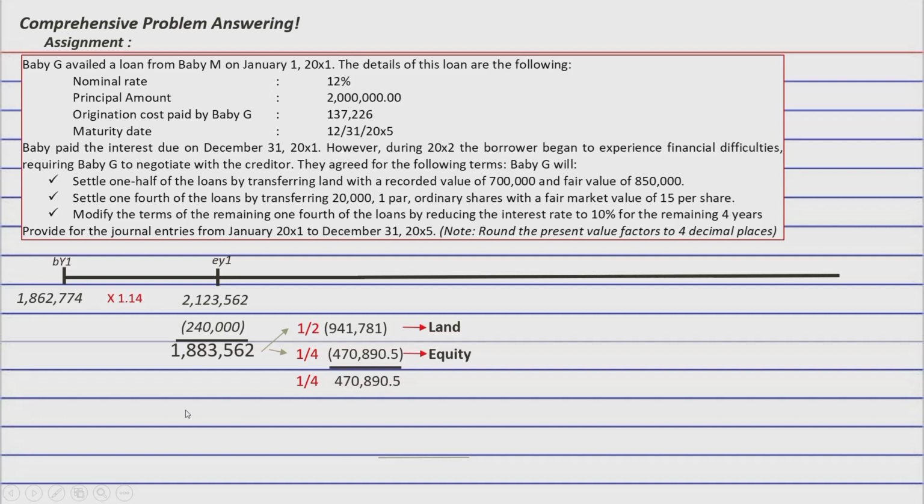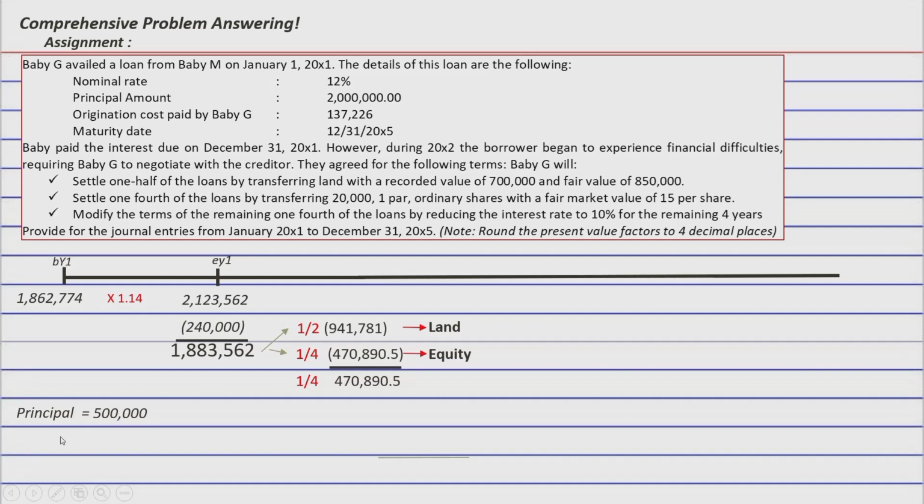To know if there is a substantial modification, we need to get the present value of the remaining payments. The principal to be paid at maturity is now reduced to 500,000 because 3/4 of the liability has already been paid. That's 3/4, or 75%, of 2 million, which is 1.5 million, which is why only 500,000 remains.